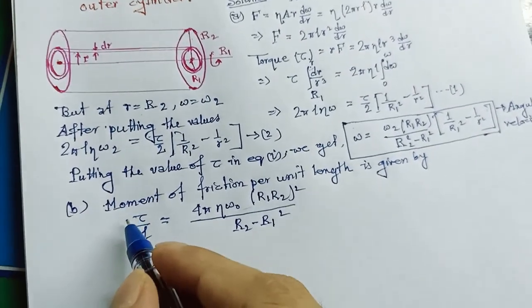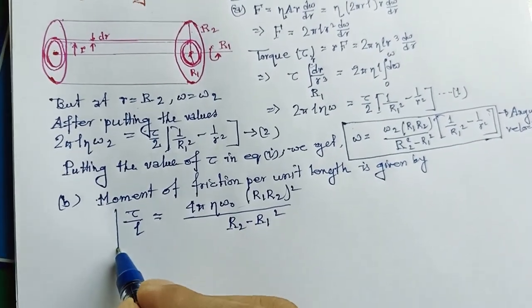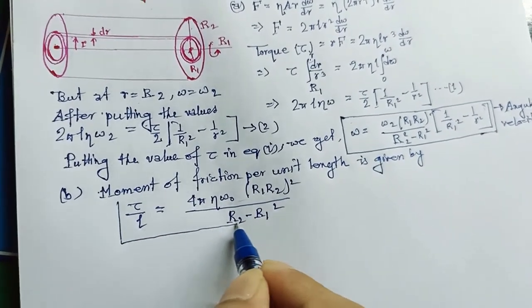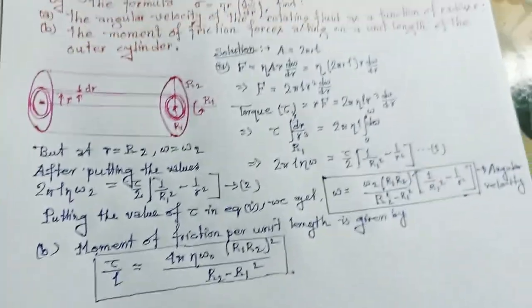So this is the required value for the moment of friction per unit length.